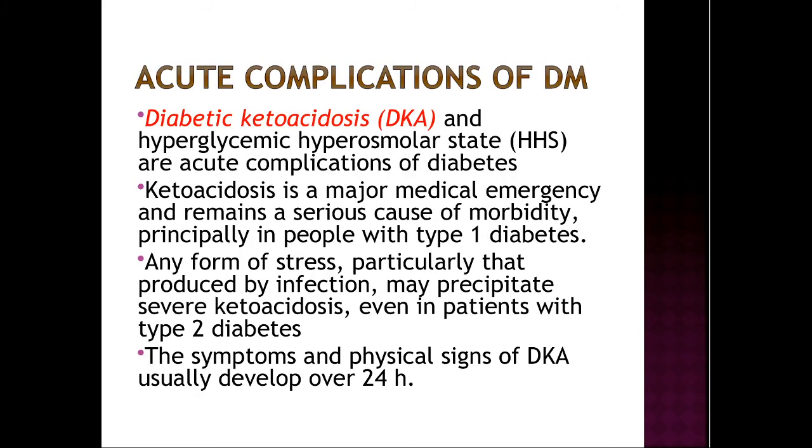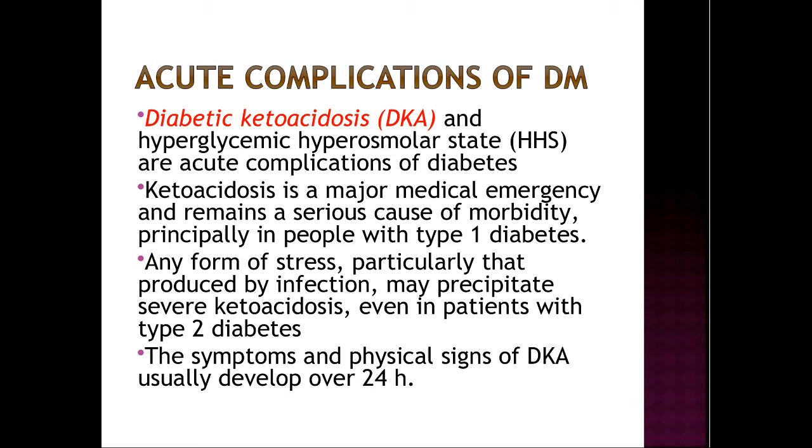When we talk about acute complications of diabetes mellitus, we should remember diabetic ketoacidosis. It's one of the most terrible manifestations and complications of this pathology. And together with the hyperglycemic hyperosmolar state they are acute complications.